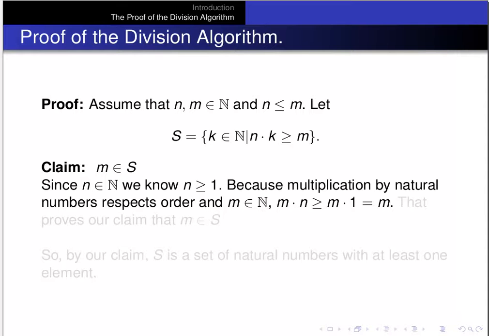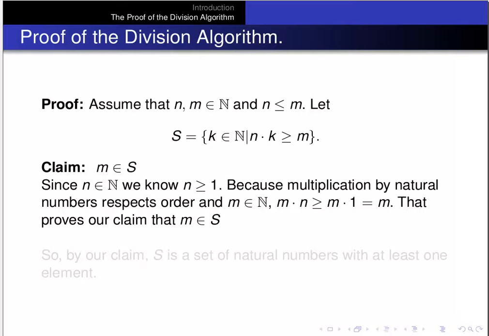That makes m eligible for membership in S. So that proves our claim that m is a member of the set S, because n times m has to be greater than or equal to m.